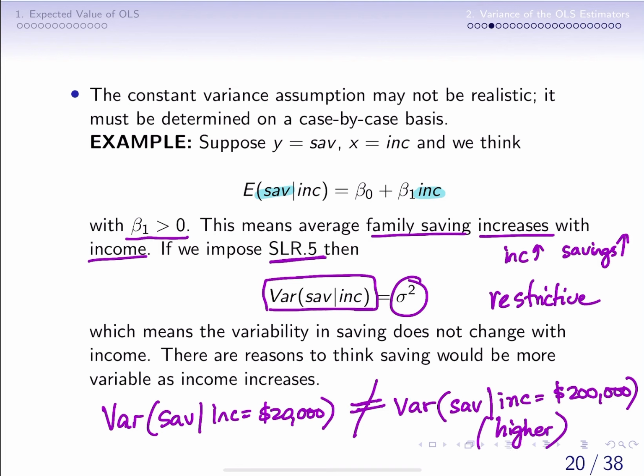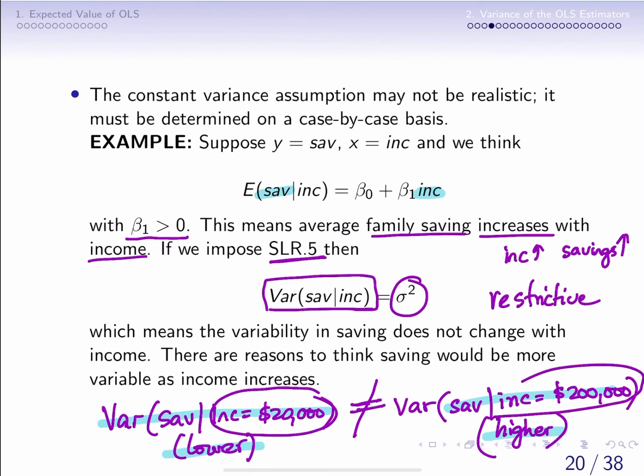This variation right here might be higher than this, okay? So in other words, if this does not equal this, then this is not equal to a constant, right? This is lower, this is higher, and this is really varying based on what our income is, okay? So if we were trying to estimate a model like this, the fifth assumption of homoscedasticity would definitely seem to be violated.